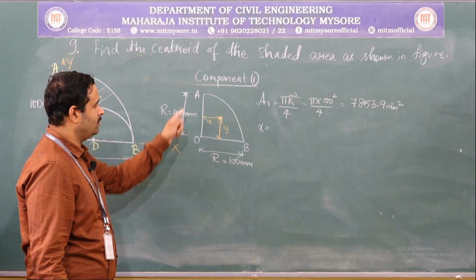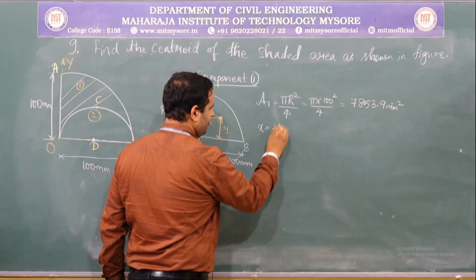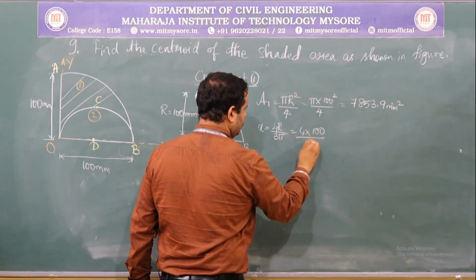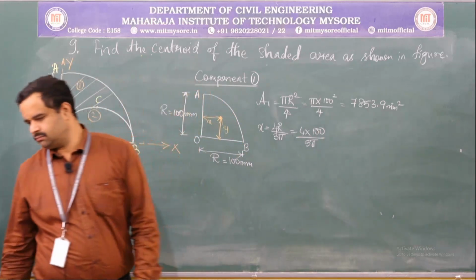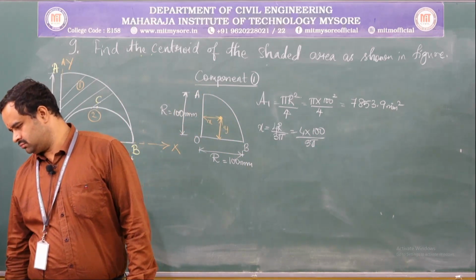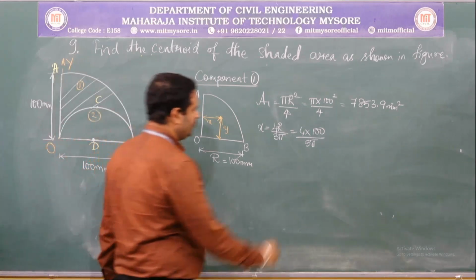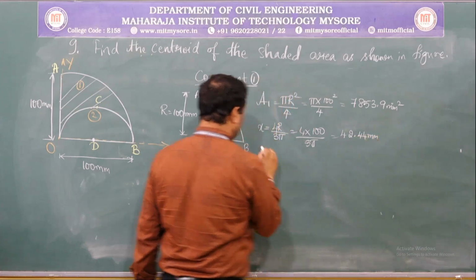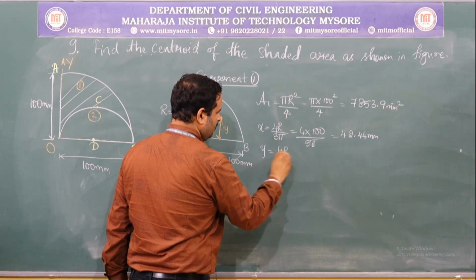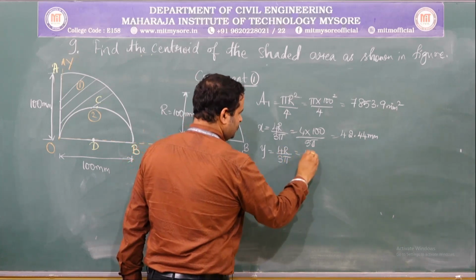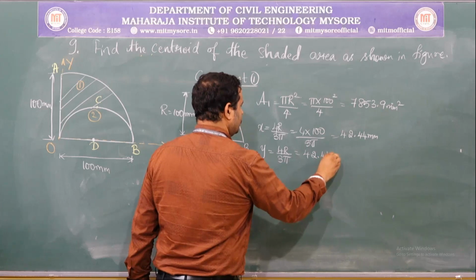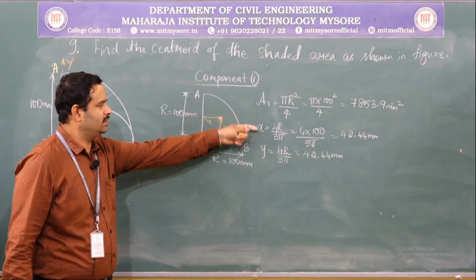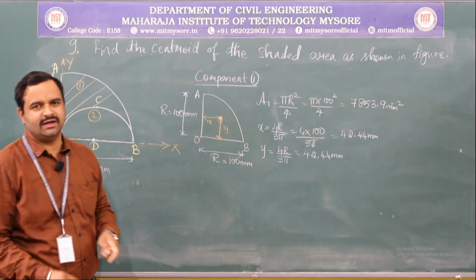The x component of a quadrant of a circle is 4r by 3 pi, that is 4 into 100 by 3 pi, which is 42.44. And the y component is also equal to 4r by 3 pi, which is 42.44 mm. So, these are the details of component 1, that is, area 1 and the x and y components of only the quadrant have been calculated.